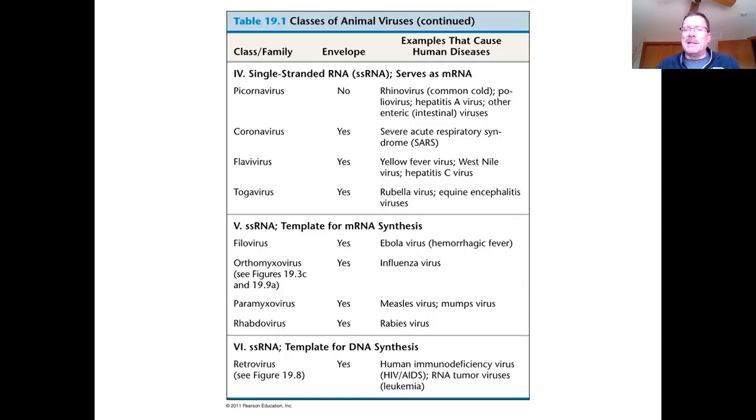A lot of DNA ones don't have the envelope, and there's some differences too. For example, the herpes virus does have the envelope, but it doesn't last. It gets out in the cytoplasm and doesn't last. So looking at single-stranded or double-stranded, you see a lot of envelope surrounding the RNA viruses, including the retroviruses.